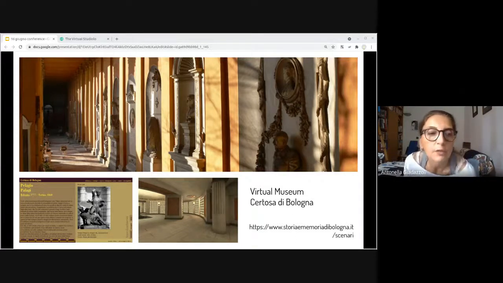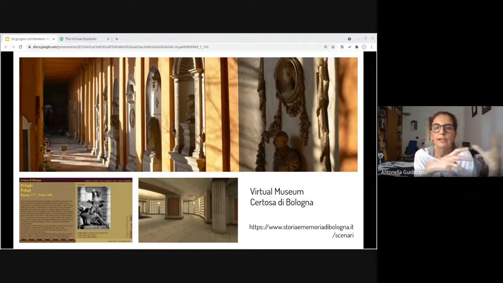We conceived it with Mauro Felicori, the former director of Reggia di Caserta, who in these years was just a dirigente, assessor in the Assessorato alla Cultura di Bologna. And it was really an exciting time, because we realized that it was feasible to create a database and connect it to a 3D model.